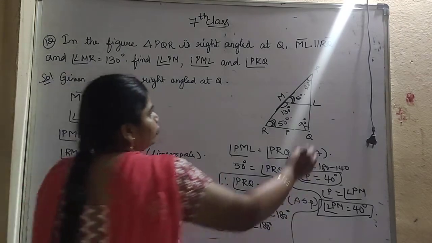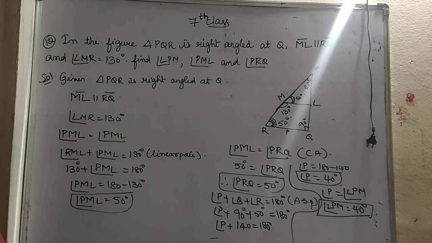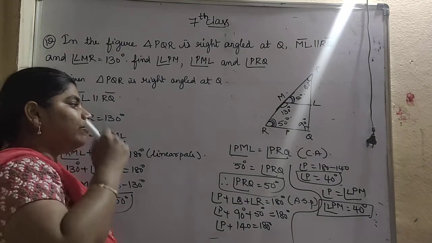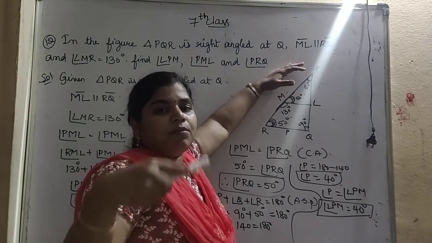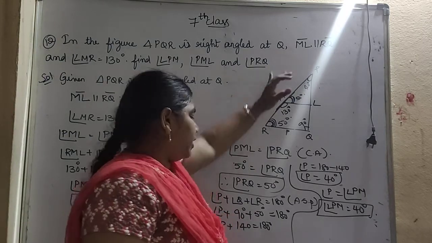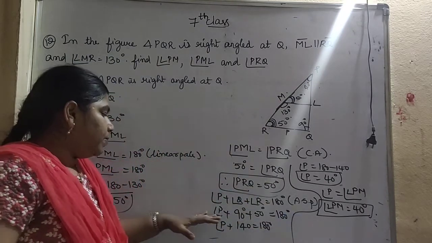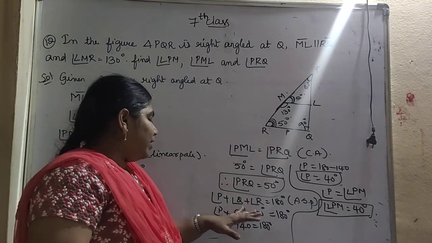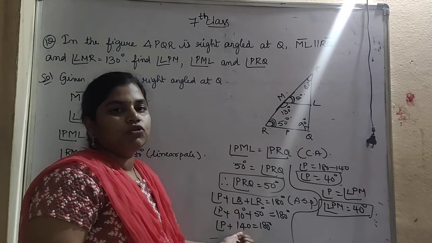Now which angle do I want to find? I want to find this angle P. So how to find this angle P? By using angle sum property we can find that. What do you mean by angle sum property? The sum of three angles should be equal to 180. So angle P plus angle Q plus angle R will be equal to 180. Angle Q is 90, angle R is 50. So if you add these two, that will be equal to 140.